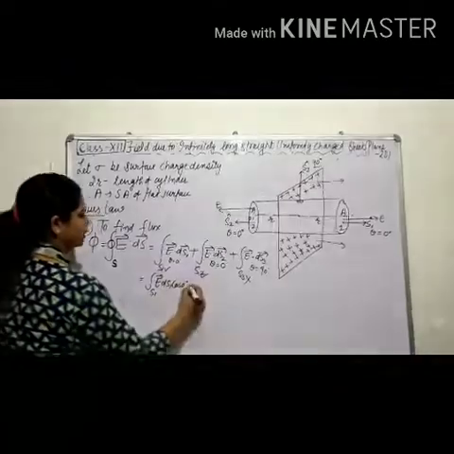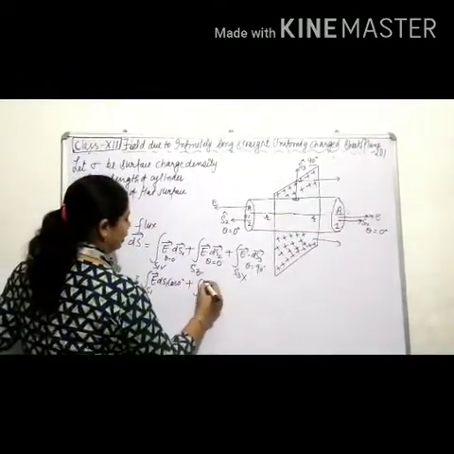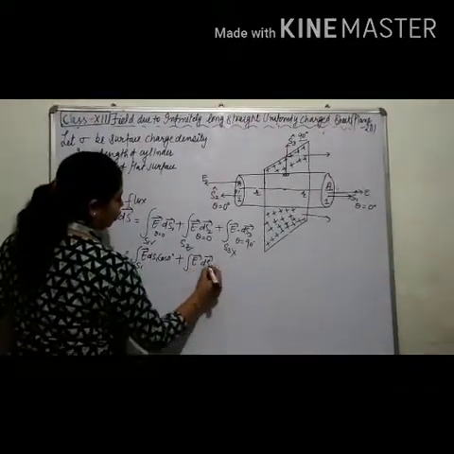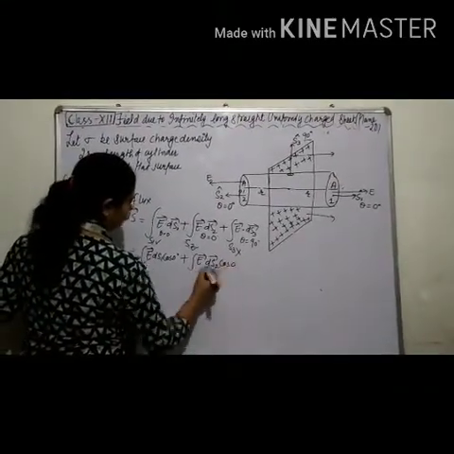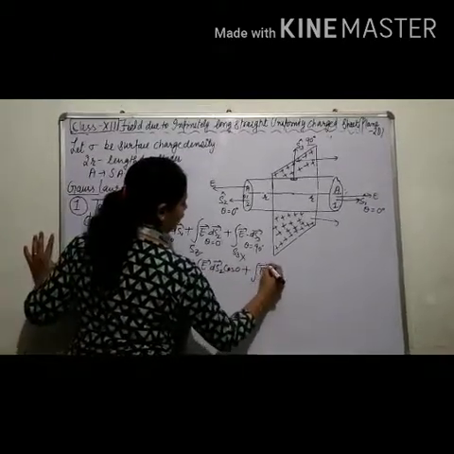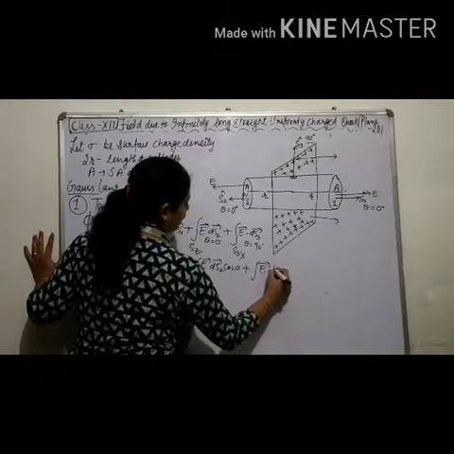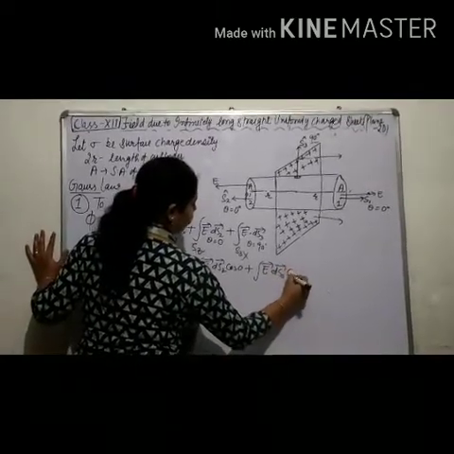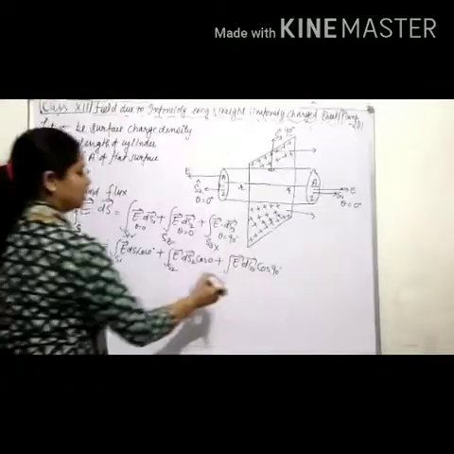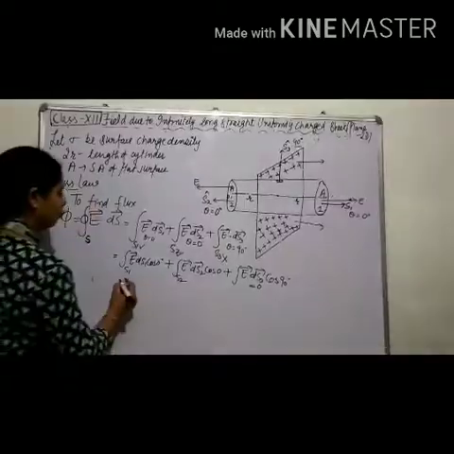Next, E vector ds2 vector cos 0, that is for the second surface. Now for the third, E vector ds3 vector cos 90. As I have told you, cos 90 is 0, so it will contribute 0.